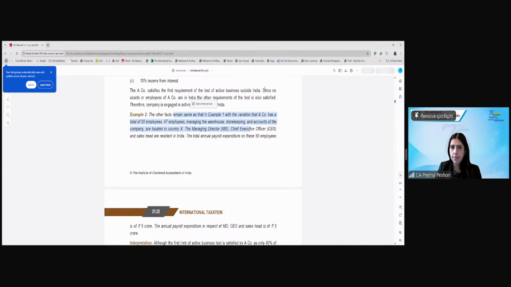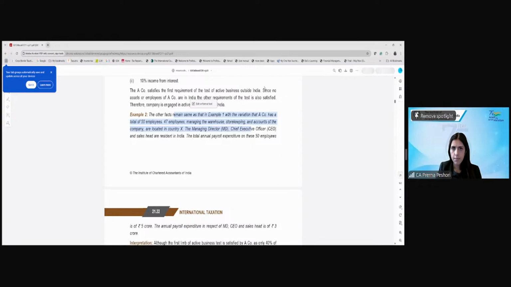Ma'am, I would want to ask here in this example 2, the number of employees test gets dissatisfied if you go by that, but the payroll expenditure gets satisfied. So, how do you draw a conclusion on this? Can you explain it again? Because you have to look at whether it is getting satisfied cumulatively or not.